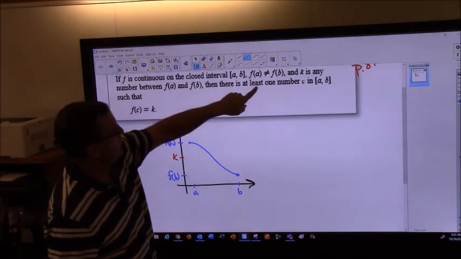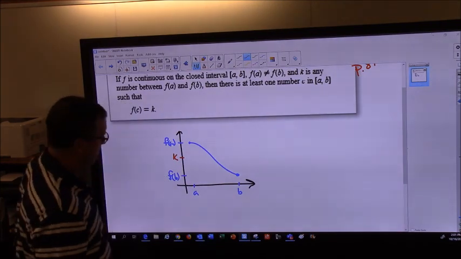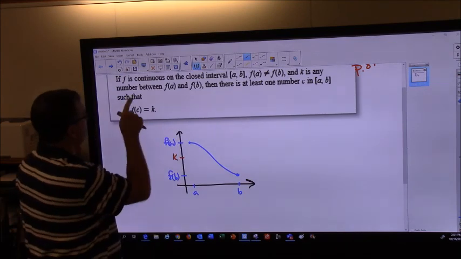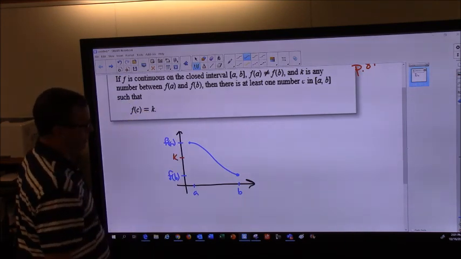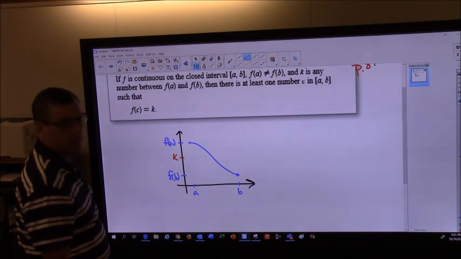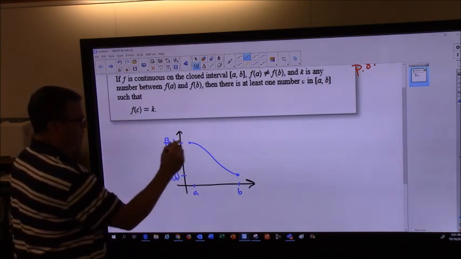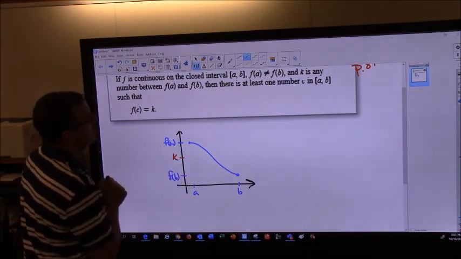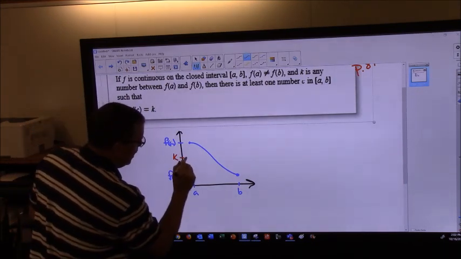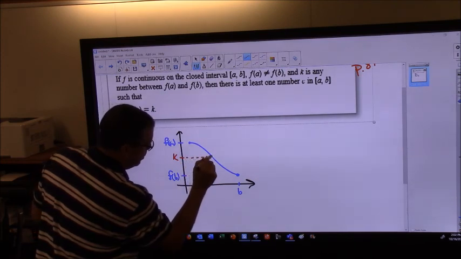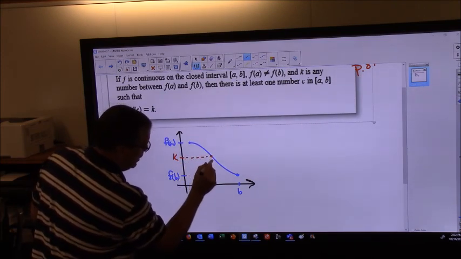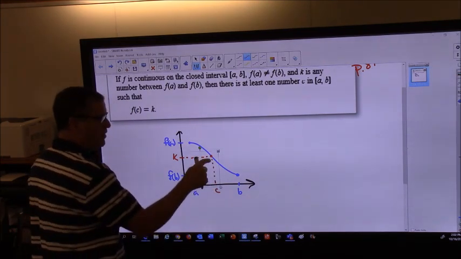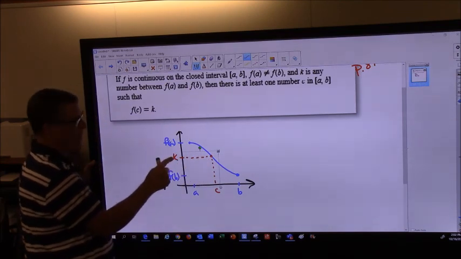Then there exists at least one number c in this interval, so there's got to be a number somewhere, such that f of c equals k. So that means I'm going to plug c into this function, and I'm going to get a y value back of k. All right, so if I go straight across to right here, there's a point on the graph, then there's got to be some c value down here that I plugged into the function to get this y value.